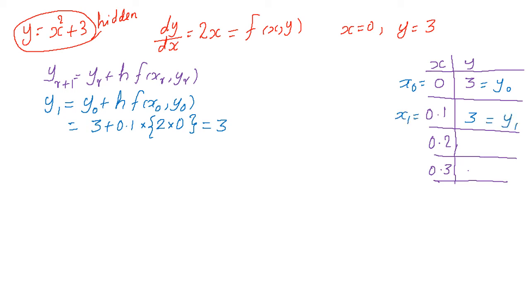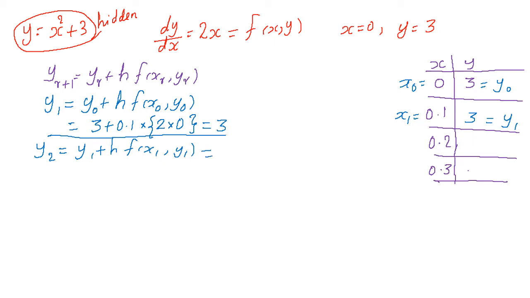So the next step: now I arrived, marching from x0 y0 up to x1 y1. Now what is the next step? Now you have x1 y1, so obviously you can calculate y2. What is y2? It's y1 plus h into f of x1 y1. Now we make the substitution.